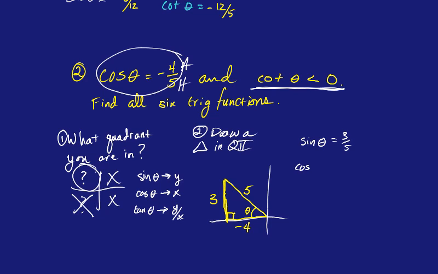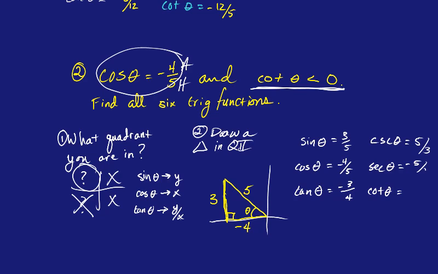We already know the cosine of theta, which is negative 4/5. Tangent of theta now is negative 3/4. And we'll flip those to get the cosecant, secant, and cotangent. So 5/3, negative 5/4, and negative 4/3.